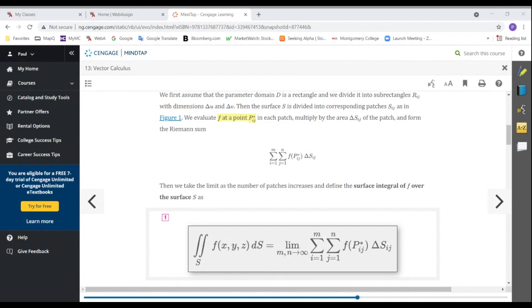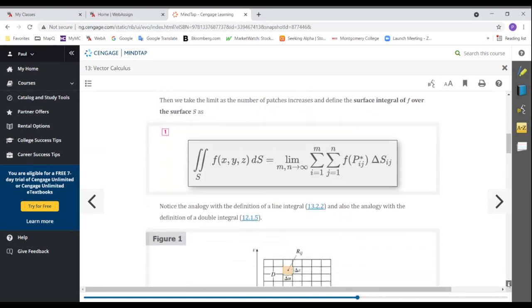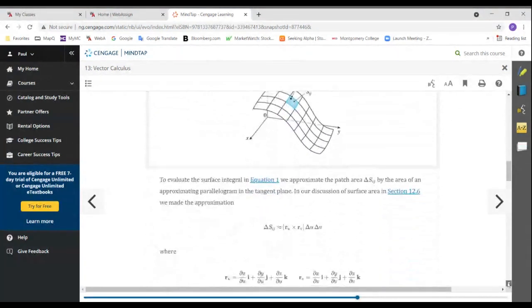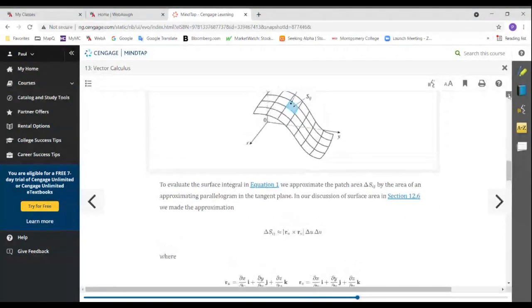Conceptually, we can see what we're trying to do, but if we want to evaluate this, we need to convert this surface integral over our surface S into a usable formula. So again, we can rely on the fact that the area of the ijth patch can be found this way, as you've seen before back in section 12.6.